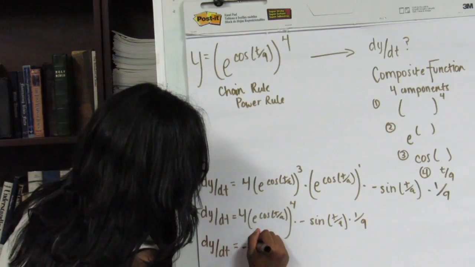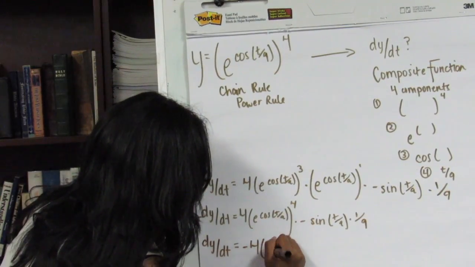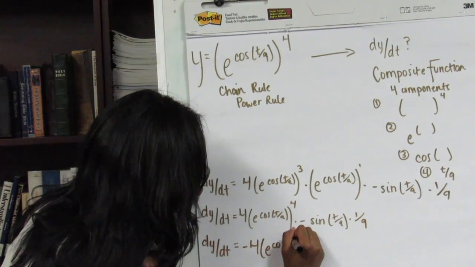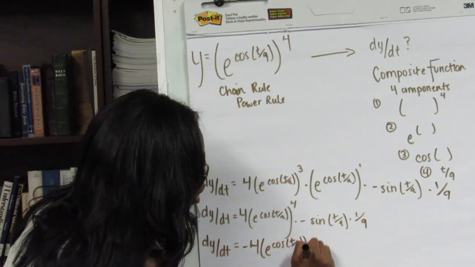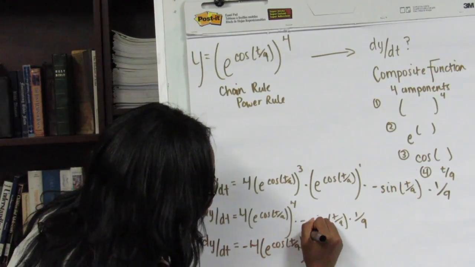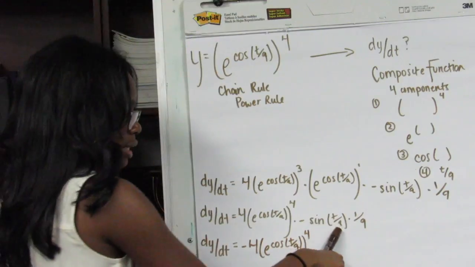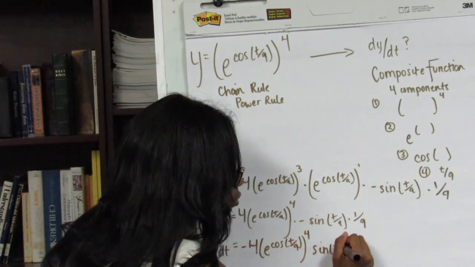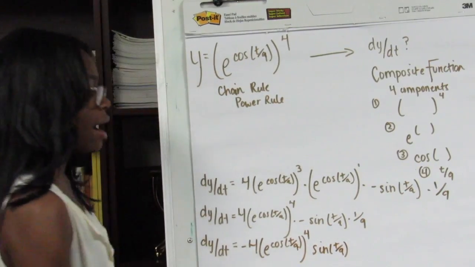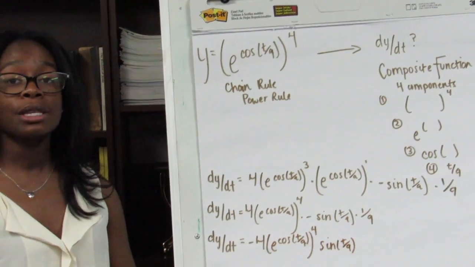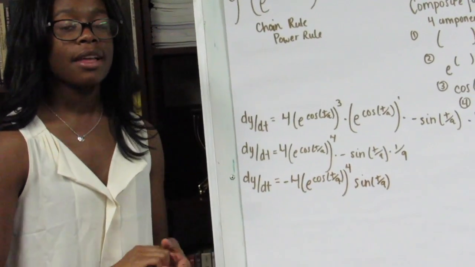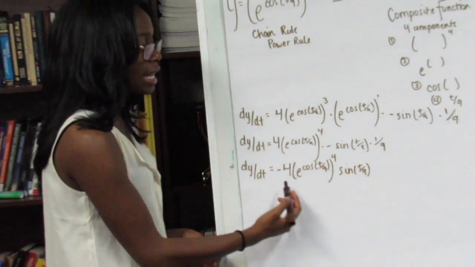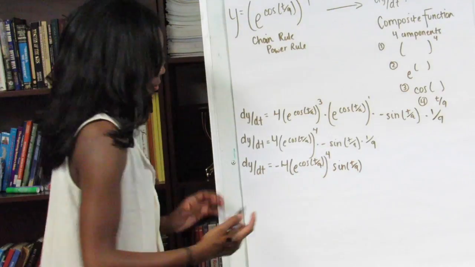So we'll have a negative 4 times e to the cosine of t over 9, all raised to the 4th, times the sine of t over 9. Now, being multiplied by 1/9 is the same as being divided by 9. Therefore, we can go ahead and divide this entire function by 9.